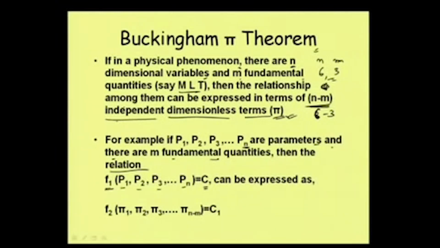Of course, we can also write p1 as a function of all these, or with some alteration we can write it in this form. Rather than writing this, we can have a different function f2 of pi 1, pi 2, pi 3, and how many dimensionless quantities will there be? It will not be n, it will be n minus m. So up to pi n minus m dimensionless parameters we can have, and that is equal to a different constant, c1.